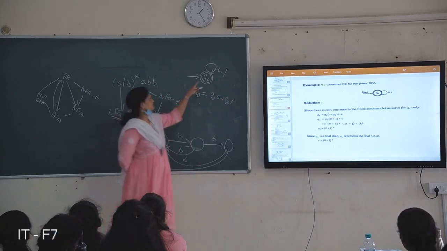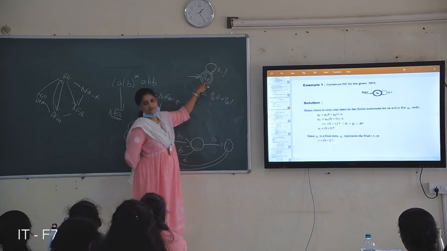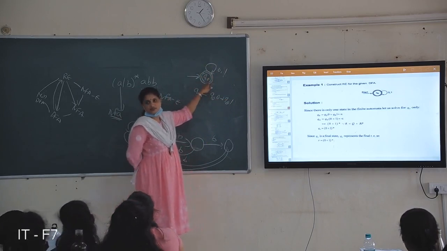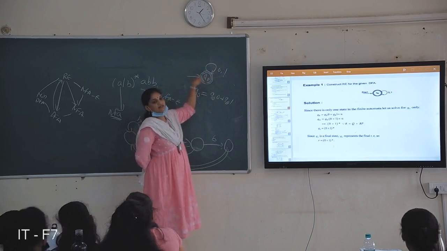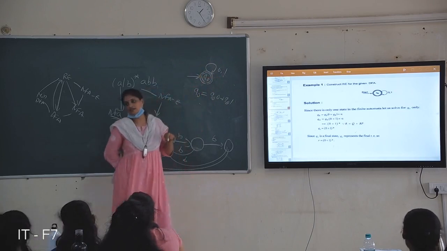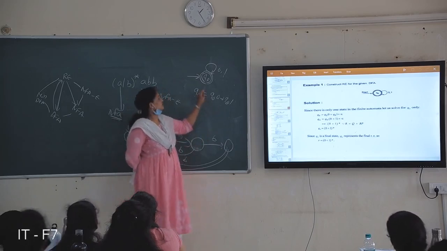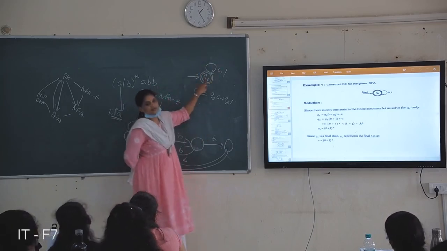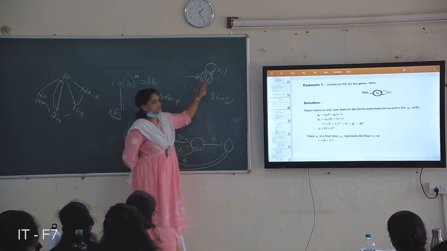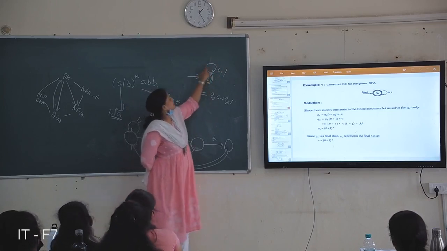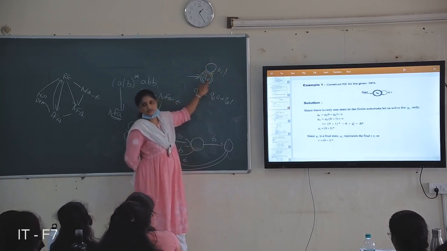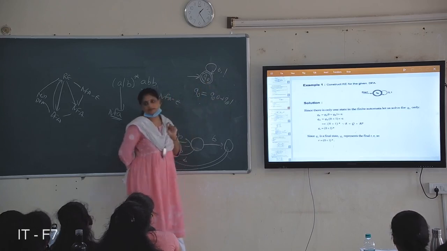Q naught on 0 goes to the same state, and Q naught on 1 goes to the same state. So Q naught 0 and Q naught 1.